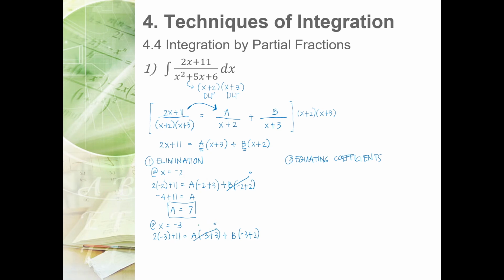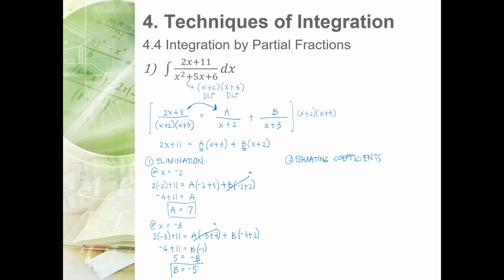So this one is cancelled out. You have -6 plus 11 is equal to b times -1. So we have here 5 equals -b. So b is equal to -5.